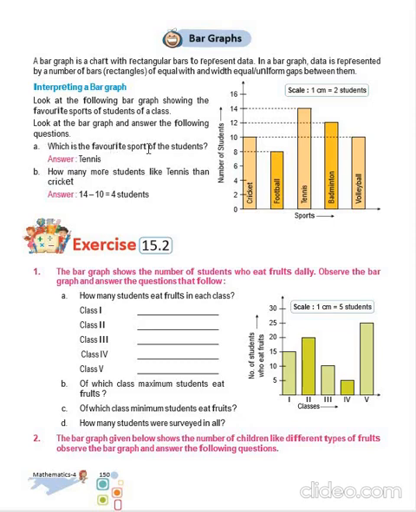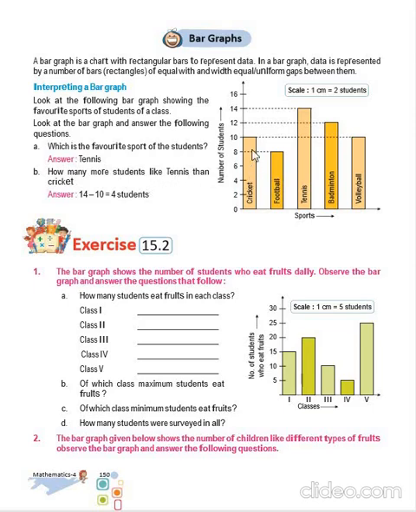Which is the favorite sport of the students? So which is maximum? 14. 14, it is tennis. So tennis is the favorite sport of the students. Now how many more students like tennis than cricket?